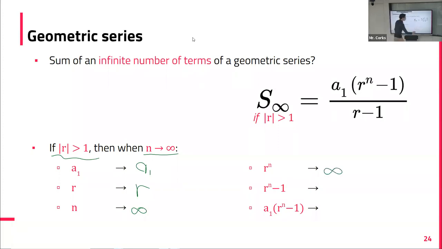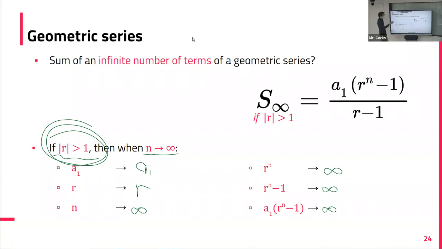That minus 1, infinity, and also infinity. So thinking about our formula, we can see how it makes sense that as n gets really big, eventually our sum will go to infinity if the absolute value of R is greater than 1. That part's very important.